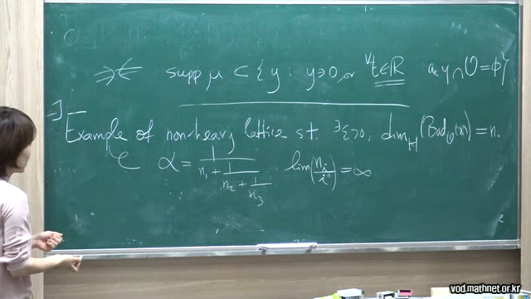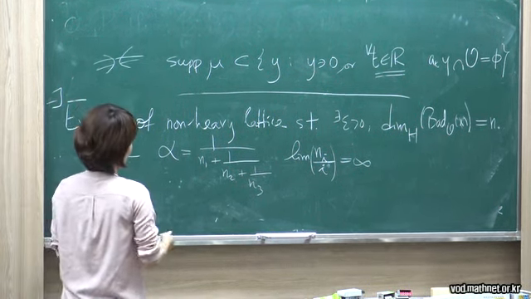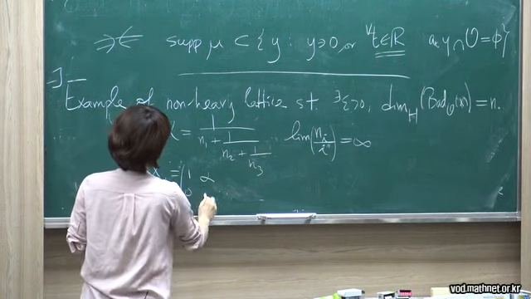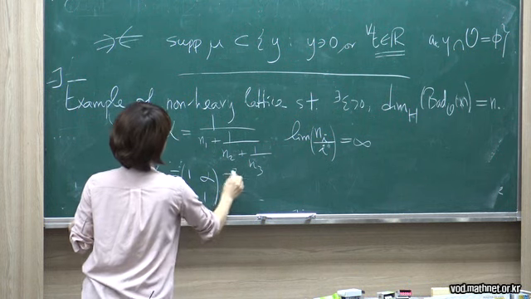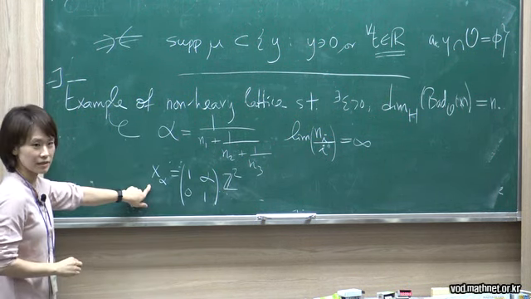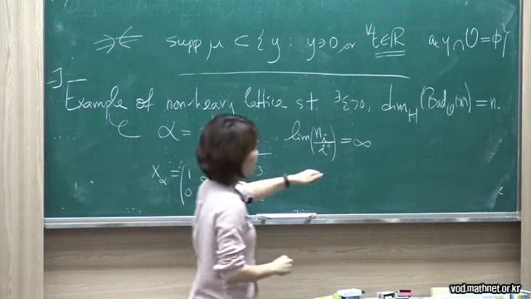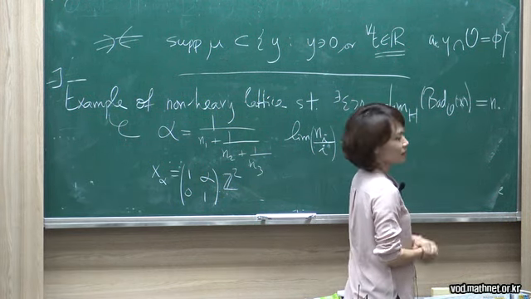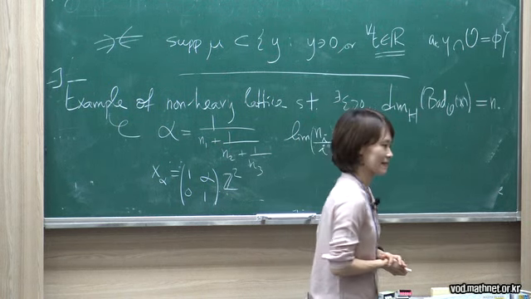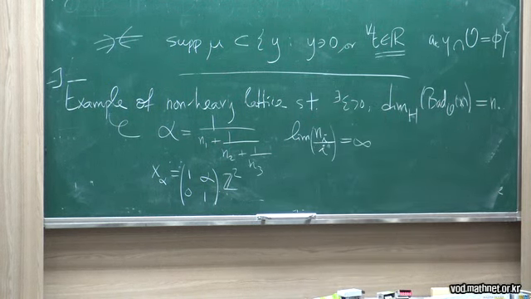If this is true, then for this alpha, the corresponding lattice x alpha in Z^2, in R^2, is a non-heavy lattice for which you have many bad grids. Okay, so let me stop here. Thank you.